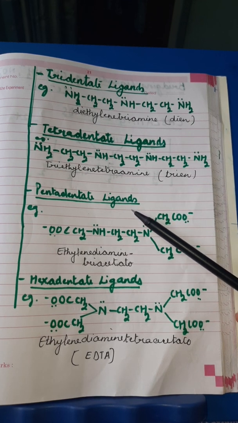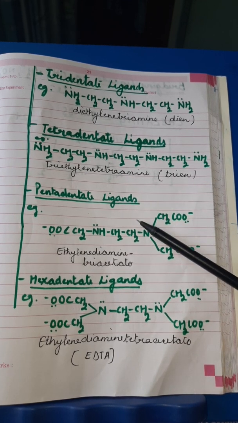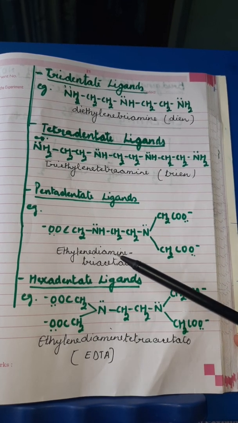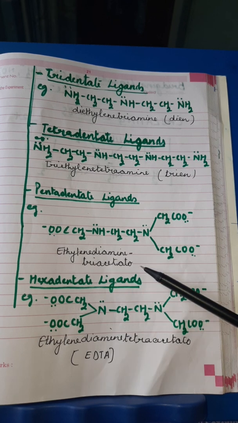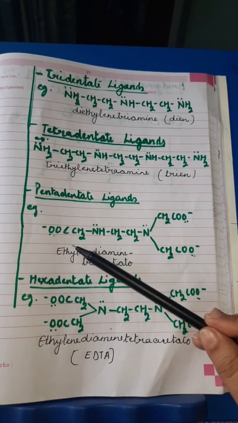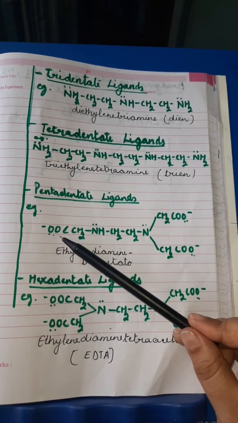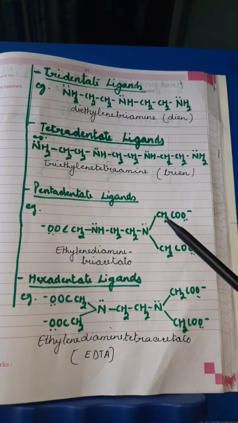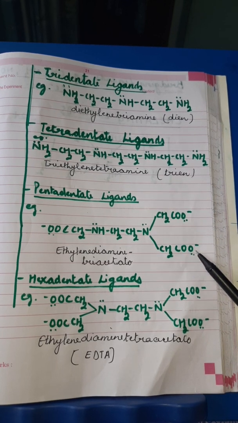Next we have pentadentate. Pentadentate means one ligand will have 5 donor atoms. The best example for this is ethylene diamine triacetato. You can look at the structure of the ion: CH2COO minus, NH, CH2CH2N bonded with CH2COO minus, CH2COO minus.